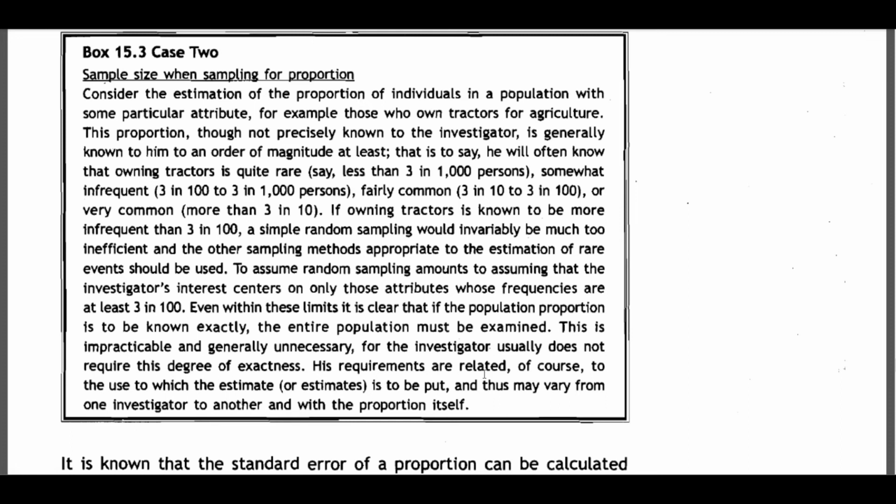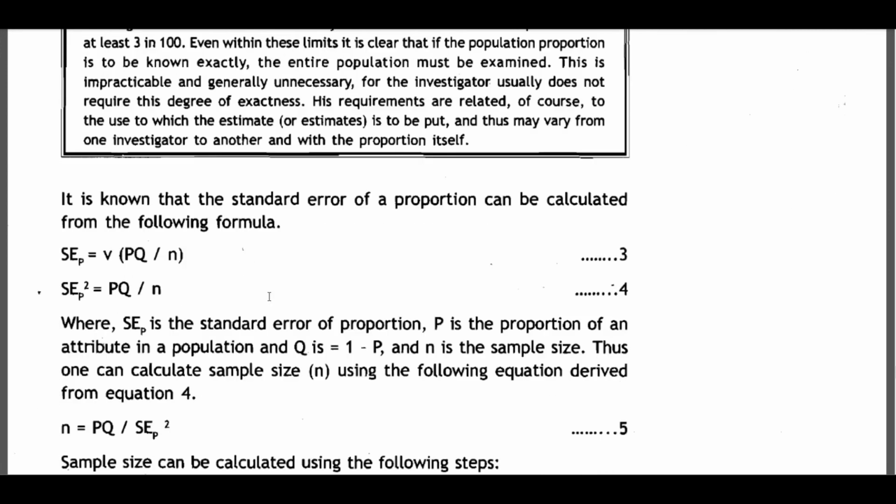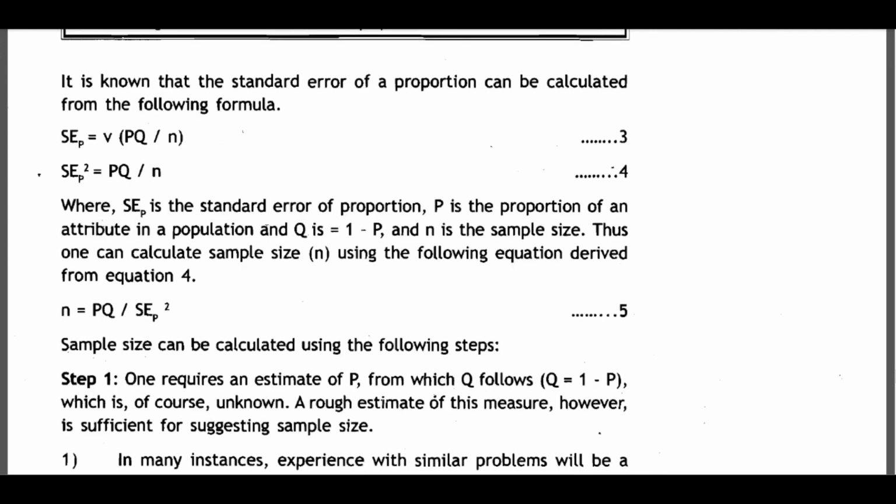His requirements are related, of course, to the use to which the estimate is to be put, and thus may vary from one investigator to another and with the proportion itself. So it is known that the standard error of a proportion can be calculated from the following formula. Standard error is equal to the square root of PQ by N.